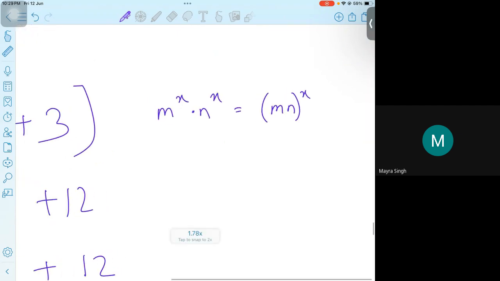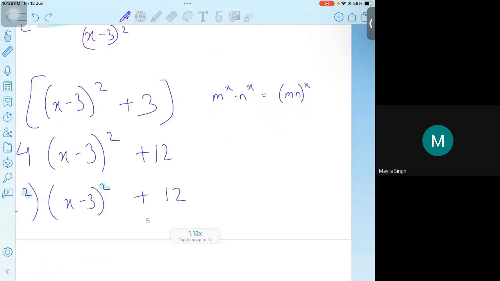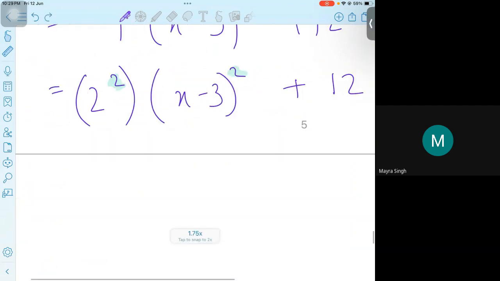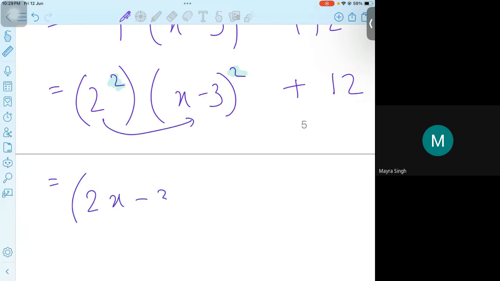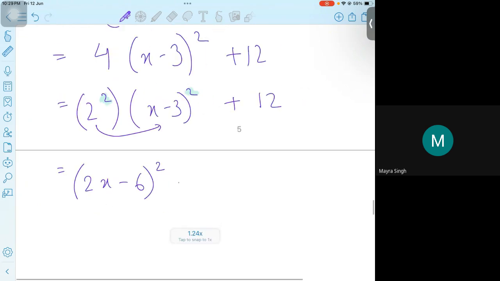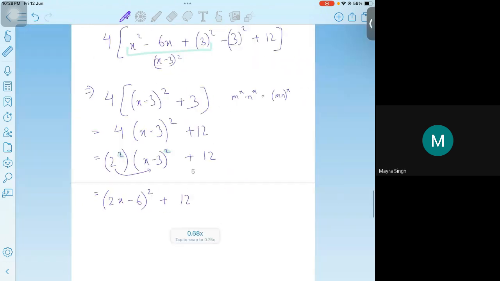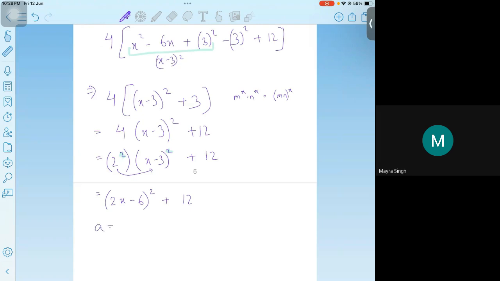If both bases have the exact same powers, then you can combine the bases and write one power. So in this case, since both of these have the exact same powers, we can combine these two and multiply it with this. So you're left with (2x minus 6) all to the power 2 plus 3. And that should be our final answer, where A is equal to 6 and B is equal to 3.